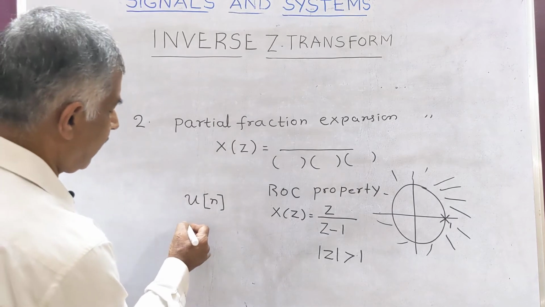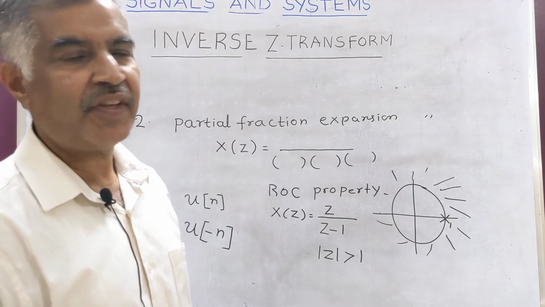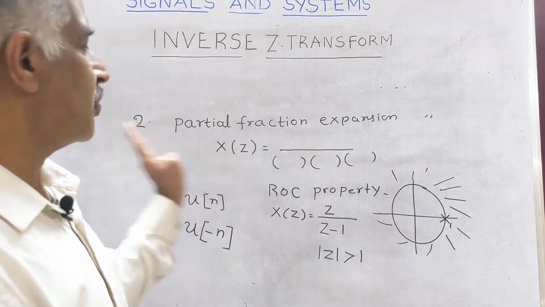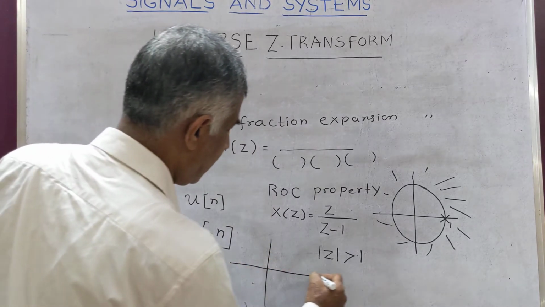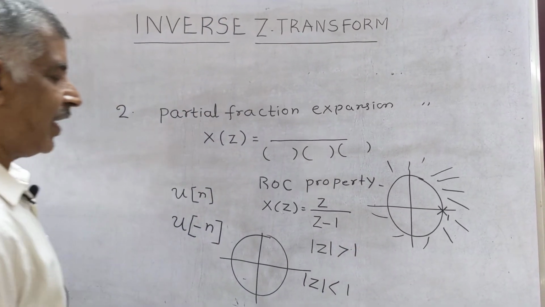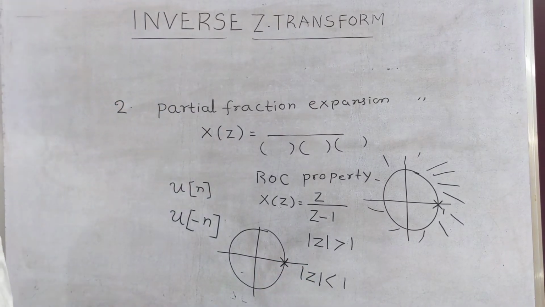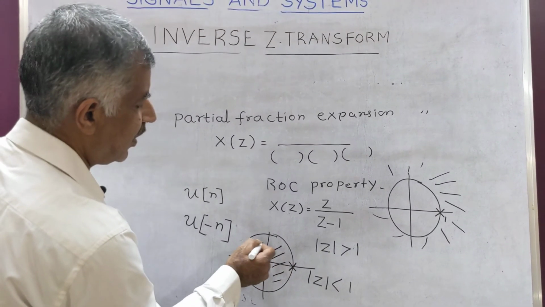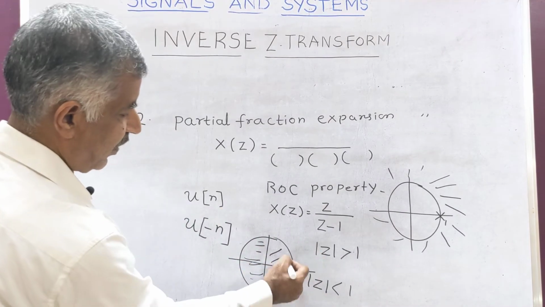If you take u of minus n, it is considered a left-sided sequence because the function exists to the left of the origin. For u of minus n, the region of convergence is mod z less than 1. The pole is at 1, and the region of convergence is lesser than the pole radius; that means the ROC exists to the left of this pole.